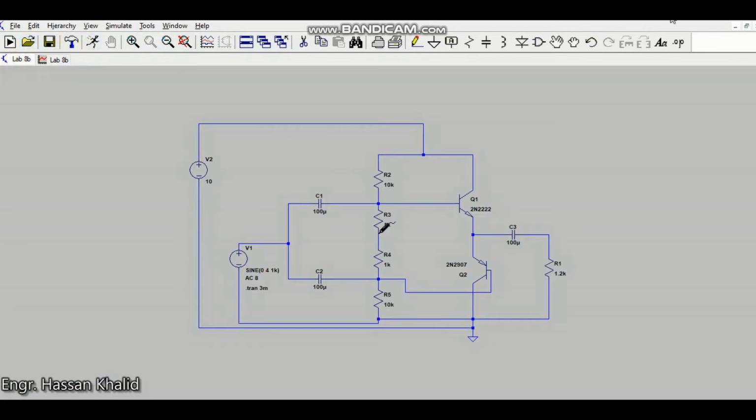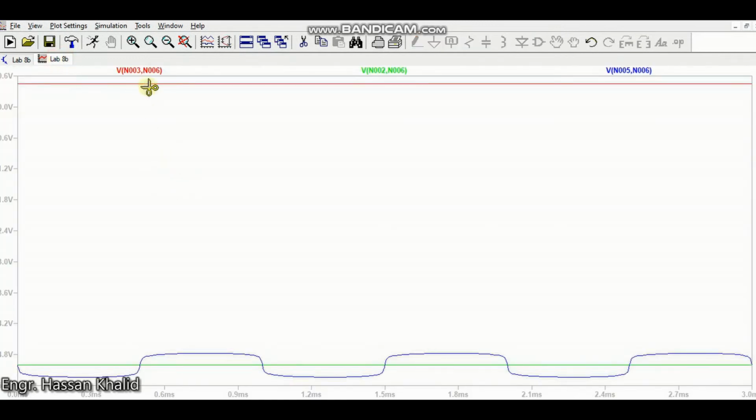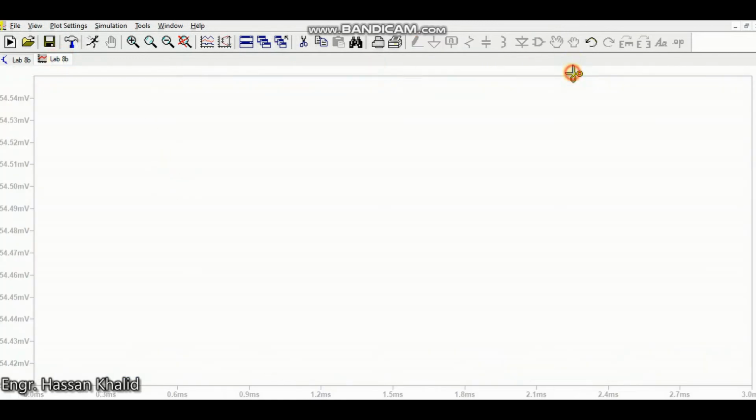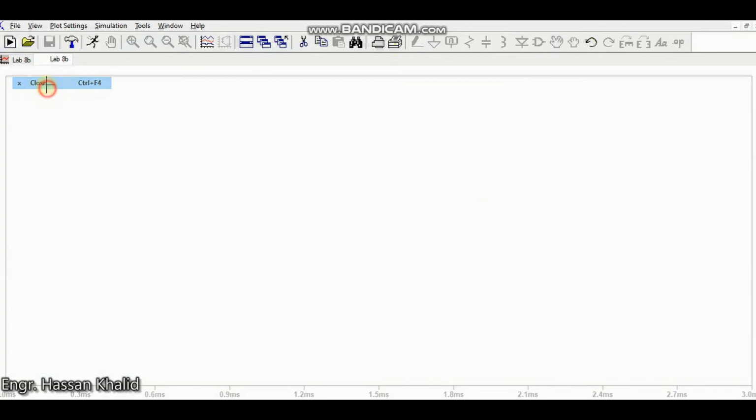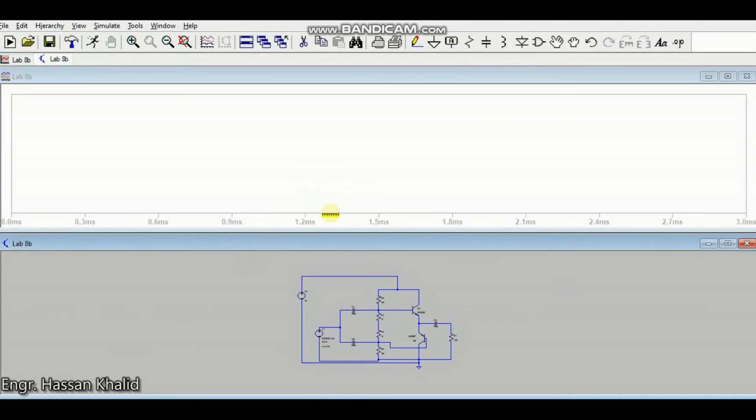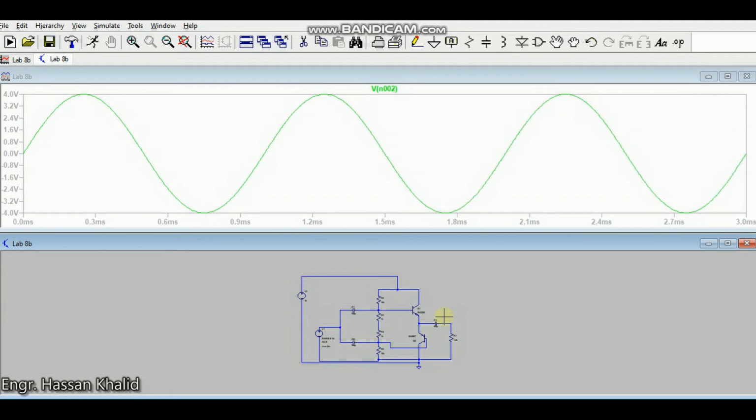Let's check it side by side. This one is the input voltage, this one is the output. Now you can see the crossover distortion has been reduced.